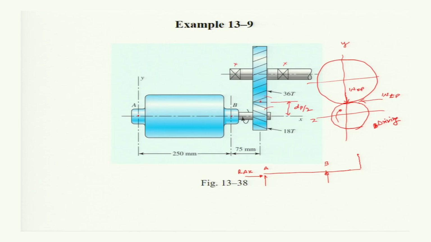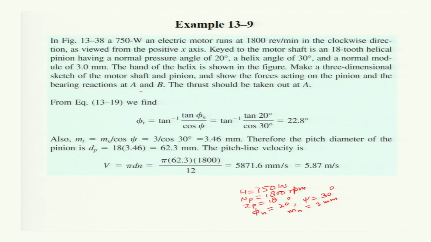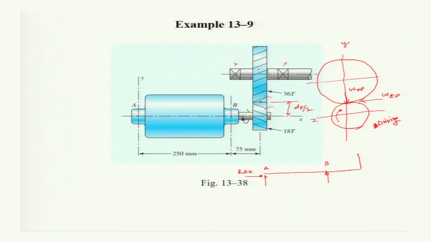The hand of the helix is shown in the figure. In this figure, the hand of the helix is not shown, so let it be the right hand. This is the left hand.